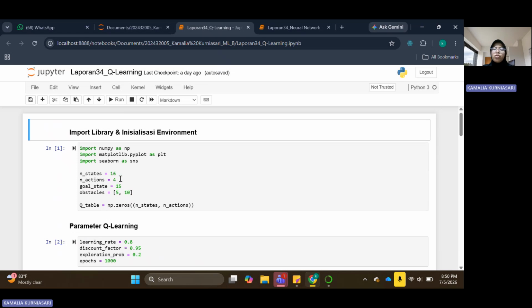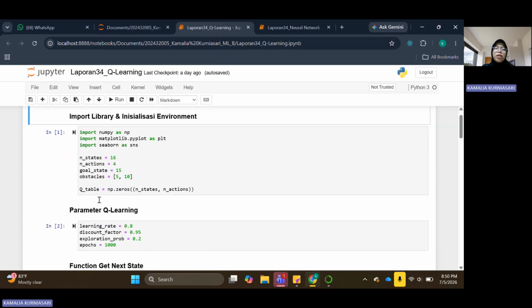To store learning results, I initialized a Q table with dimension 16 by 4. Initially, all Q values were set to 0 because the agent had no prior knowledge about the environment.